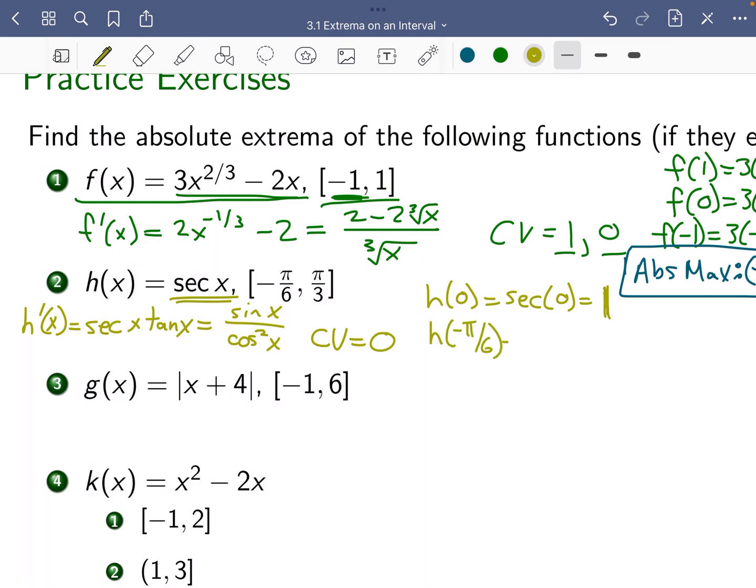Negative pi over 6. When we plug in negative pi over 6, we are going to get 2 over the square root of 3. When we plug in pi over 3, we are going to get an output of 2.